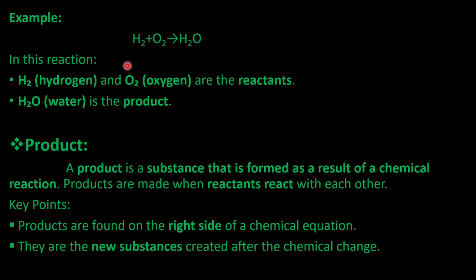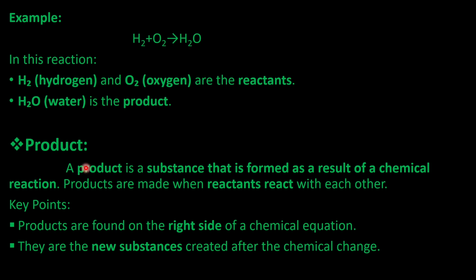For example, H2 plus O2 gives H2O. When hydrogen reacts with oxygen, it gives water. In this reaction, hydrogen and oxygen are the reactants. H2O is the product. So these are reactants, and this water is the product.